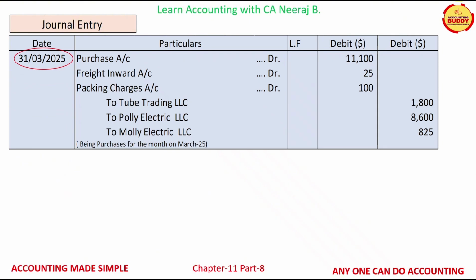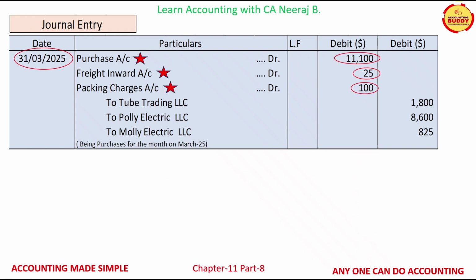The accounts which are affected are purchase account, and it will be debited by the total value of the purchase made during the month of March 25 for $11,100 after deducting the amount of trade discount. The amount of freight paid to the supplier will be debited to freight inward account for $25. The amount of packing charges agreed to be paid extra to the supplier will be debited to packing charges account for $100.